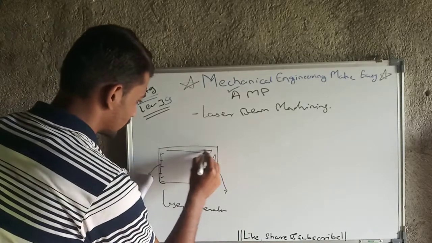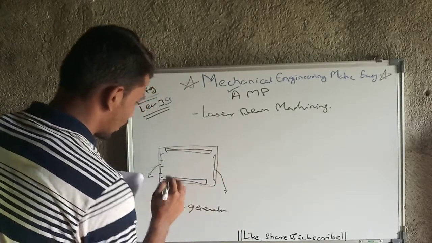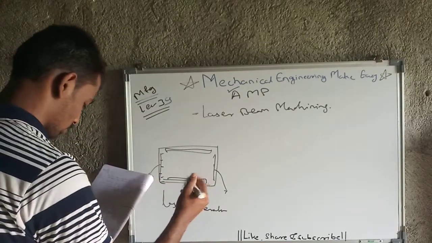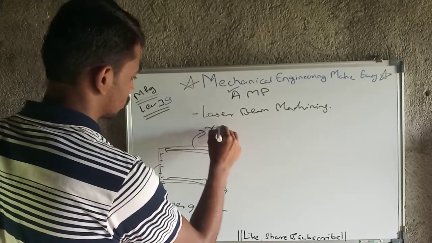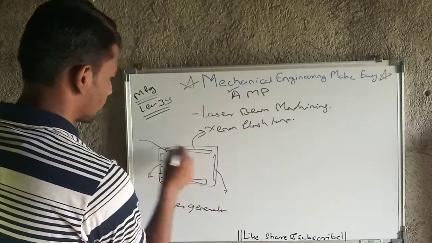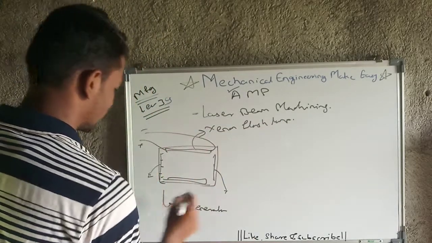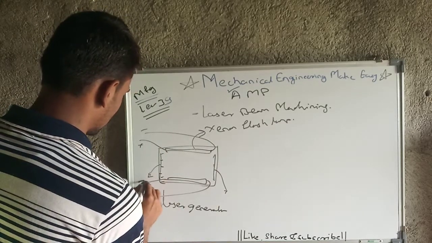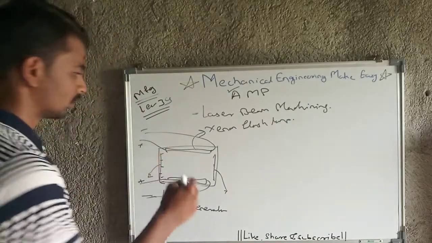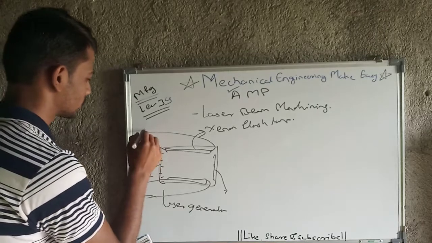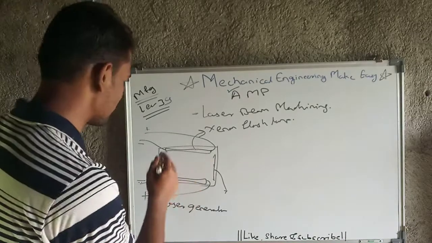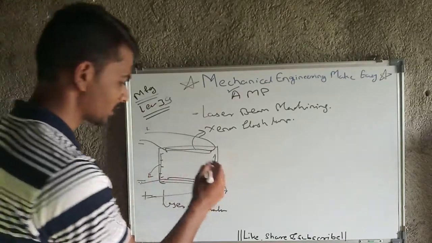Then at both sides, or around this, there is a xenon flash lamp, which will be given positive and negative supply, positive, negative, positive, negative. Likewise the supply will be given, only change the sign: here positive, here negative, negative, positive. The supply will be given to the xenon flash lamp. Here is the fully reflecting mirror, here is the partially reflecting mirror.